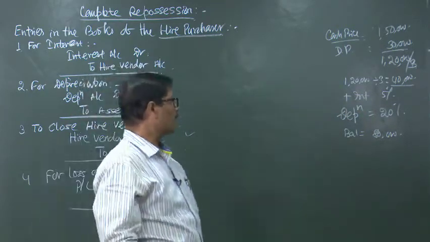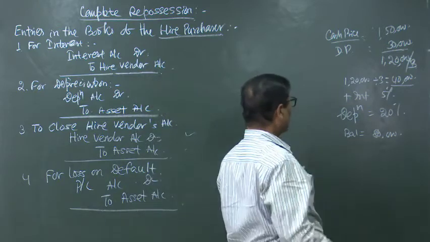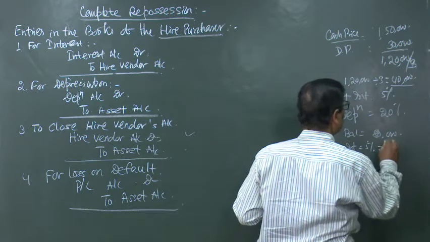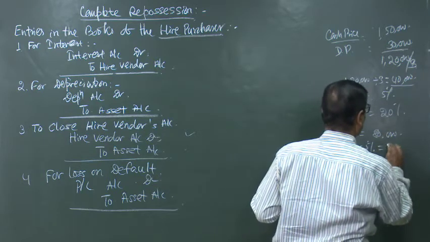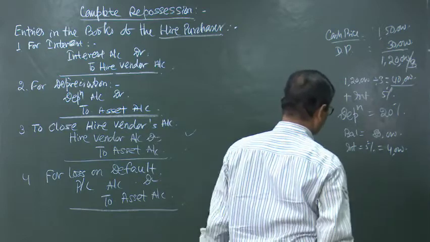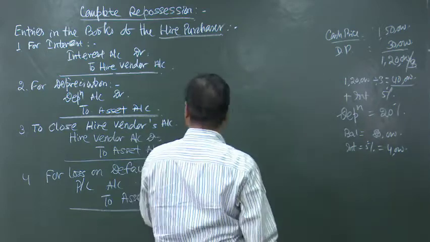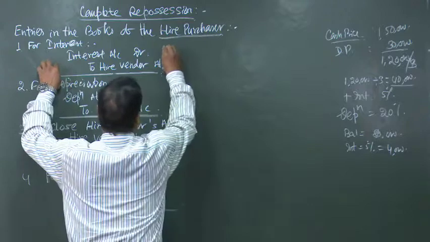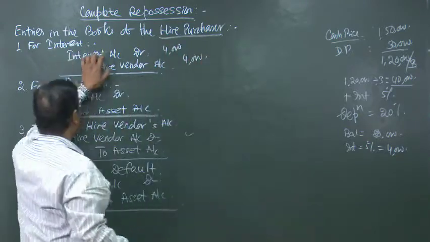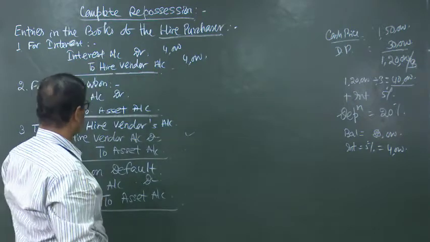On 80,000 we calculate interest at 5%, which is equal to 4,000. So for the interest entry: interest account debited to hire vendor account 4,000.